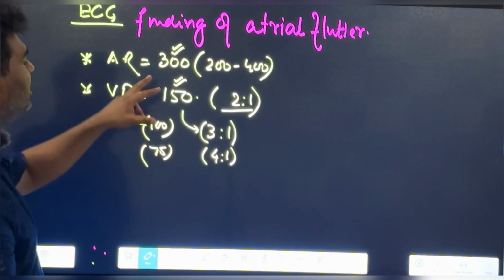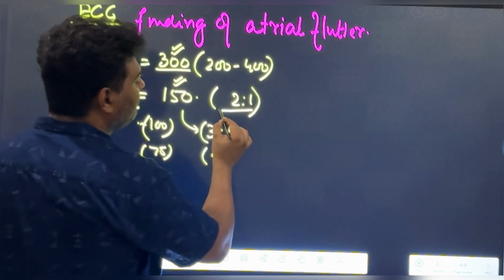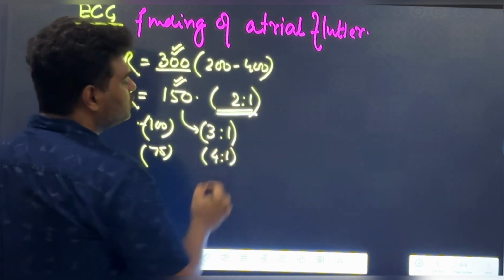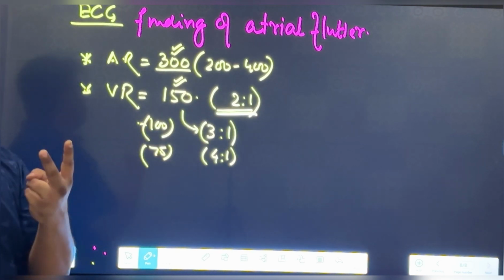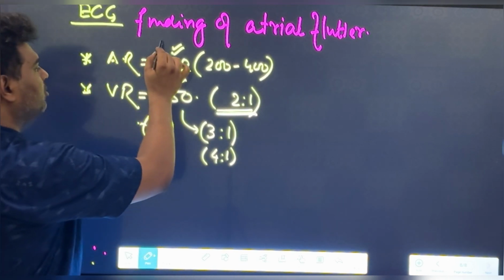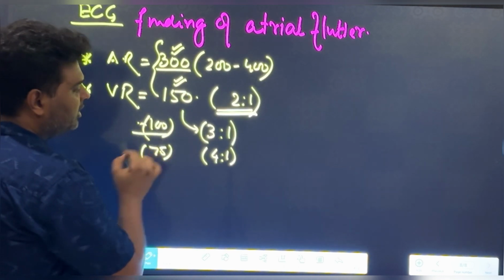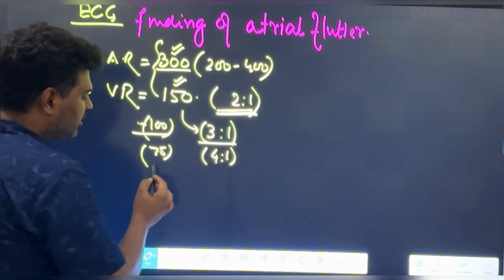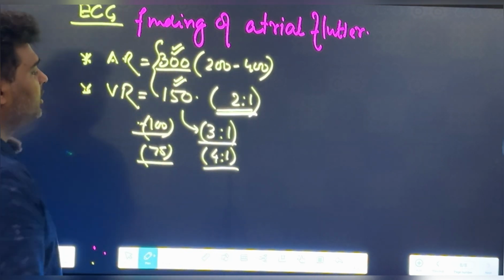So generally atrial rate is 300 and AV conduction is 2:1, so only one of the two atrial beats is passed, and the ventricular rate is 150. That's why we generally see this combination. But we can also see a ventricular rate of 100 if the block is 3:1, and 75 if the block is 4:1.